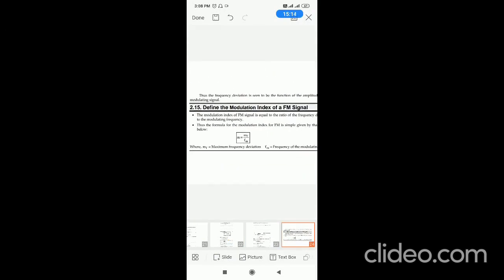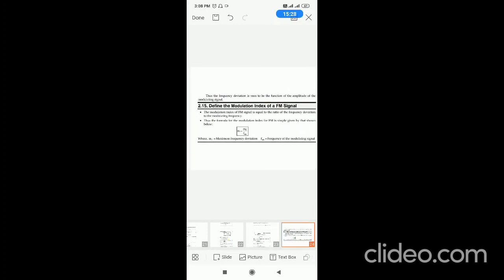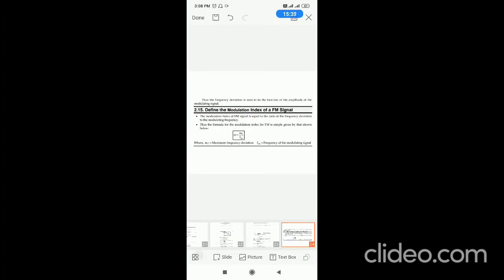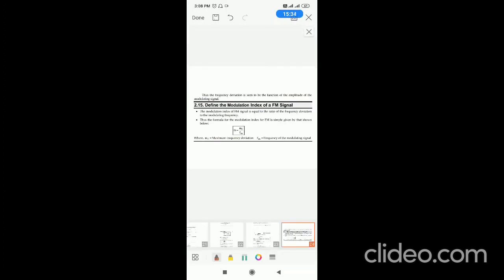Next, the modulation index of an FM signal. While we were deriving the time domain equation of the FM signal, we got a term called delta f by fm. This is known as your modulation index.